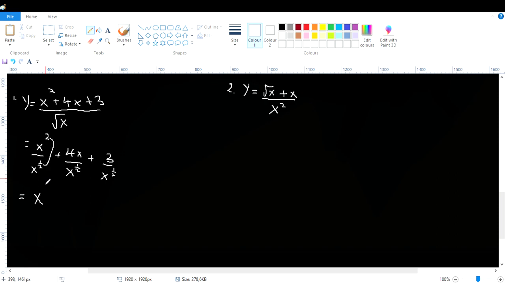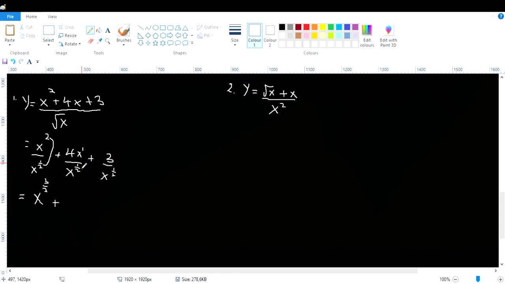Here we have 3 to the power 3 over 5. Oh, sorry, it's 3 over 2. And plus, here we have power 1.